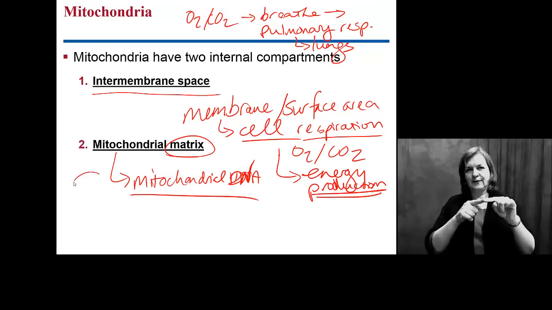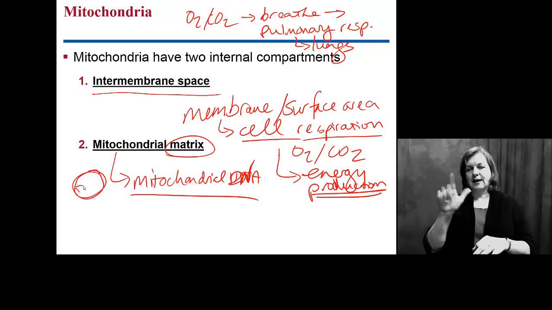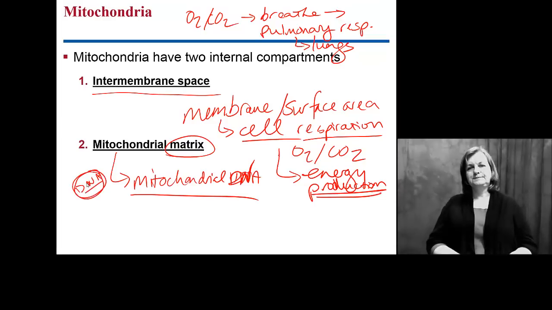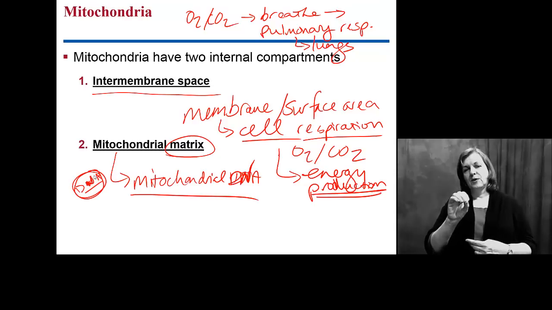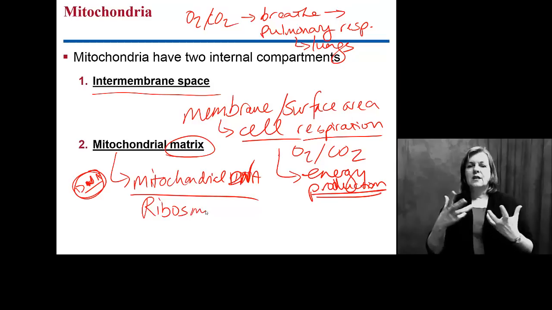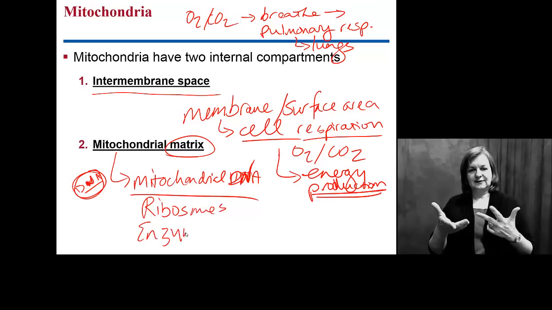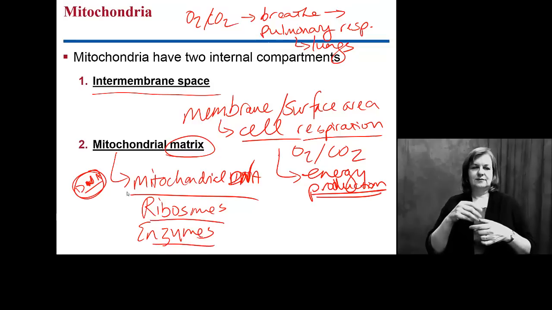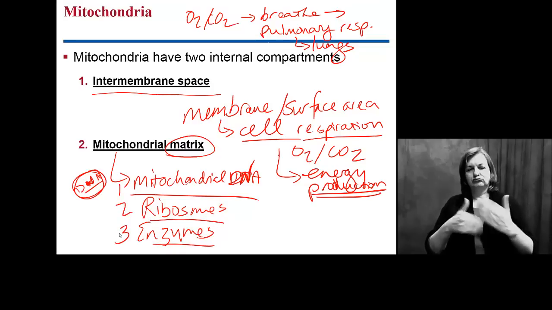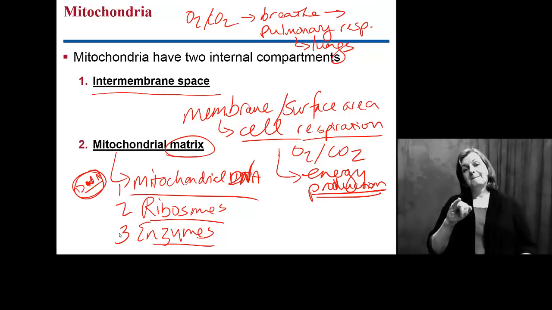It is actually circular DNA. This will be important for us later to think about. We'll look at ribosomes inside the mitochondria, and we'll look at tons of enzymes. So these are the three things that make up the processing of energy and what's needed for the mitochondria.